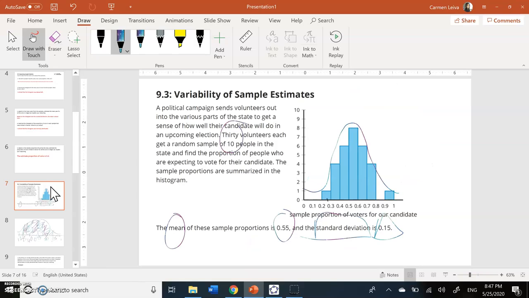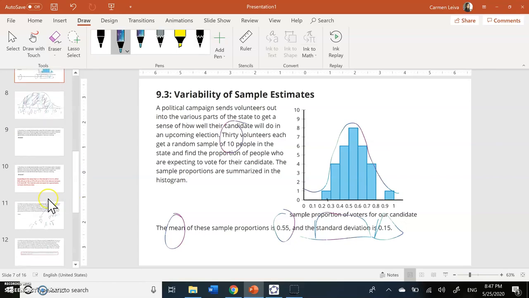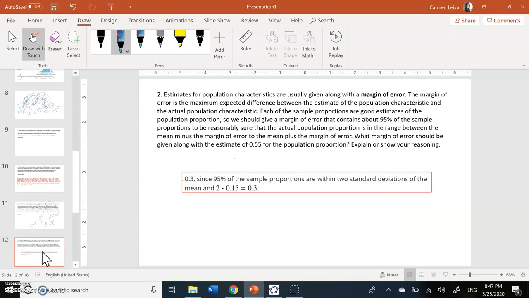The standard deviation is 0.15. So the margin of error will be twice as much, which means the margin of error will be 0.30. And we're talking about that because we're talking about 2 standard deviations within the mean. So one up, one down. There you go. And that's it.